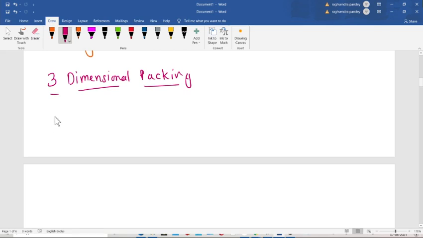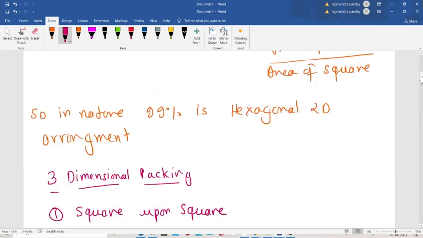One is called square upon square, or square stacked upon square. Now square upon square means what?